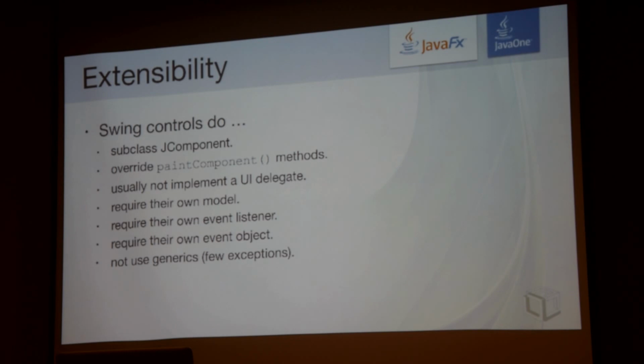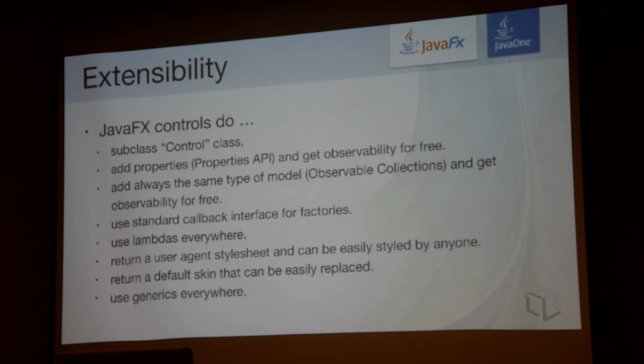Okay? They required their own model, their own event listener, their own event objects, and they did not use generics. In JavaFX, you end up with much cleaner code because you have this nice separation of controls and skin. You always use the same mechanism to observe changes to your control because you now have observable properties and collections.